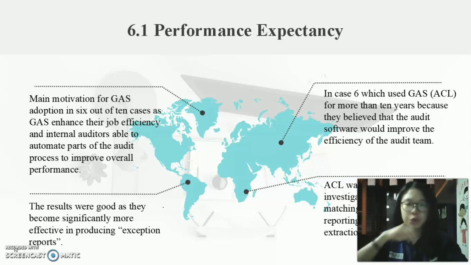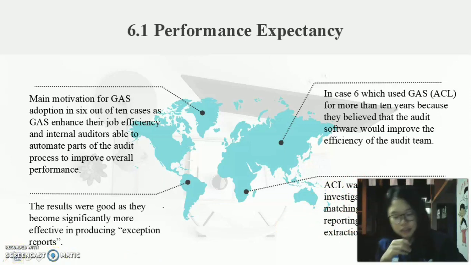The results were good as they became significantly more effective in closing exception reports. ACL was also used for fraud investigations, additional data matching, task exceptions reporting, audit sampling, data extraction, and others. And for cases 6 and 9, in the growing electronic processing environment, GAS became indispensable for them.